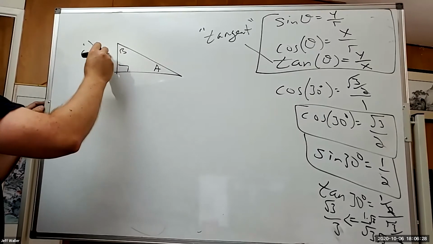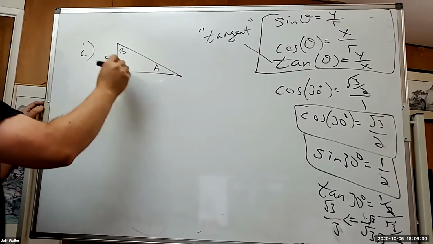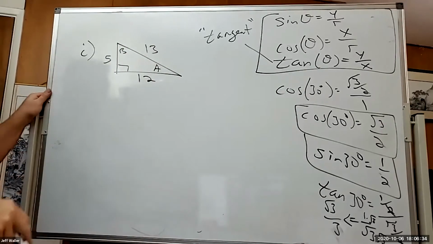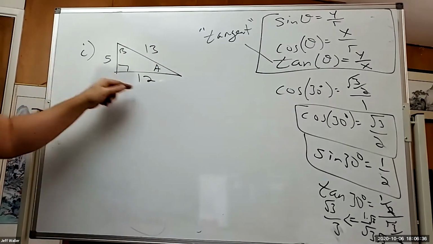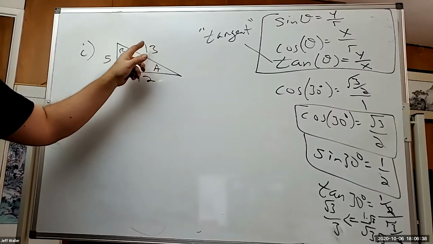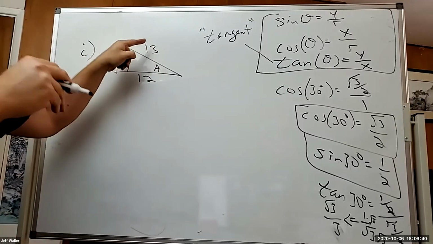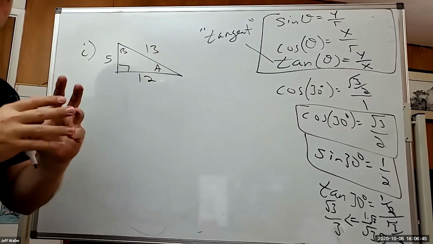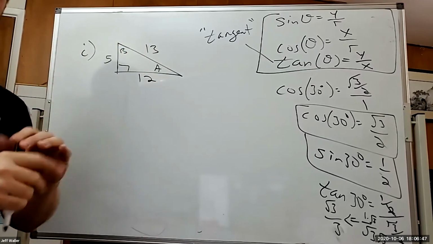So let's make this 5, 12, 13. You can double check that. I can't just make all these up, right? So there's a 3, 4, 5 triangle. There's a 5, 12, 13 right triangle. There's only certain triangles that are whole number size.